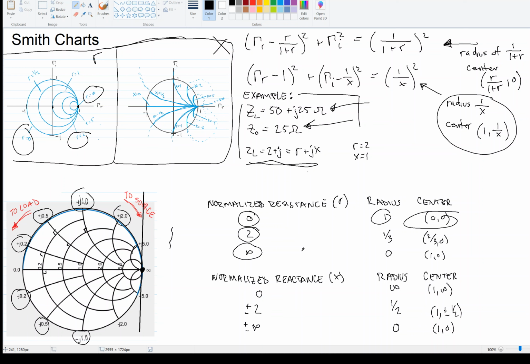That's interesting, right? Now, I also want to point out that you remember from previous videos about transmission lines that the impedance on the line repeats every lambda over 2. And so lambda over 2 corresponds to rotating around the chart 360 degrees. Once you move lambda over 2 down the line, it starts to repeat.